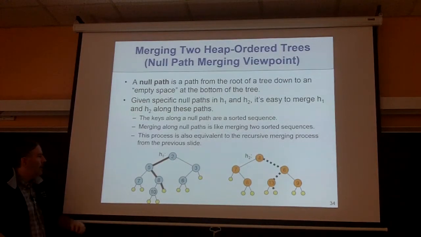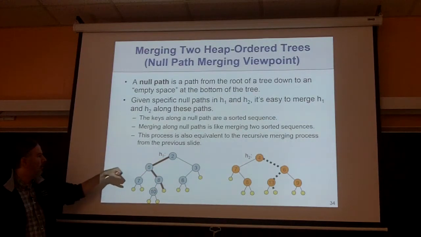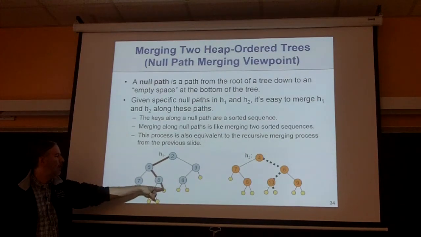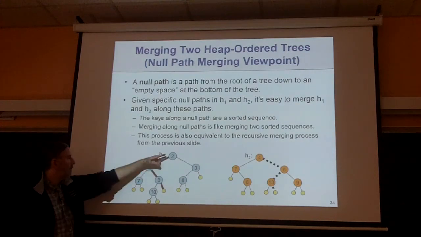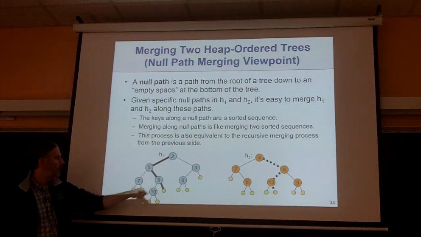In both of the heaps that you want to merge, you pick what's called a null path. It's a path from the root down to an empty space, a null at the bottom of the heap. I put these little yellow circles to indicate null pointers. So you have a path that walks from the root all the way down to an empty space, a null at the bottom of the tree.